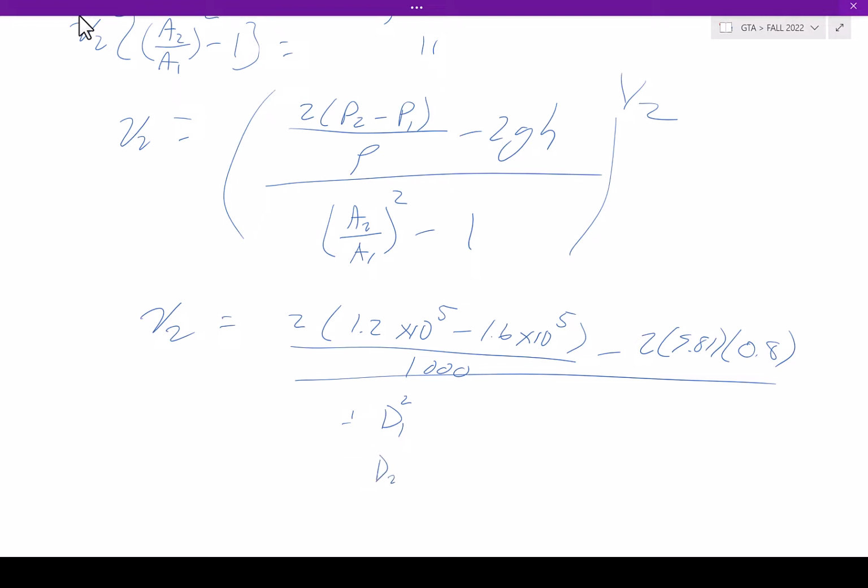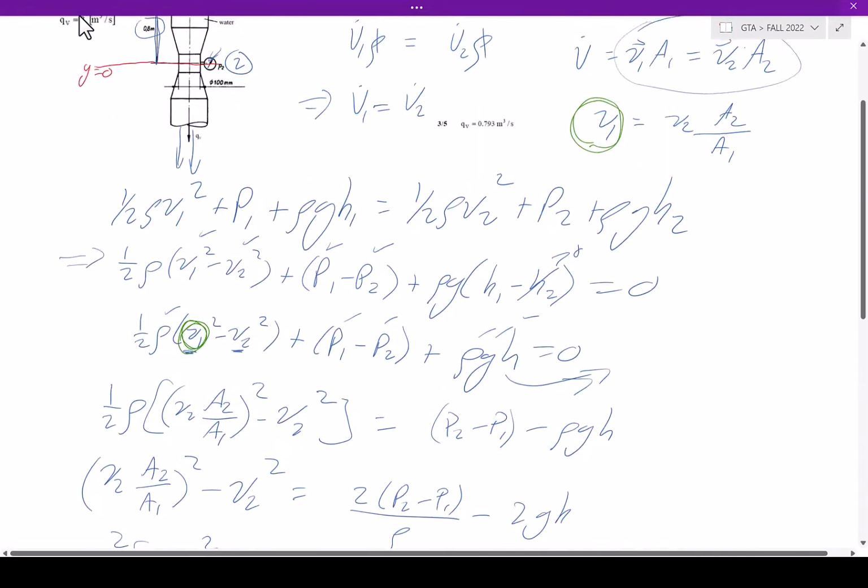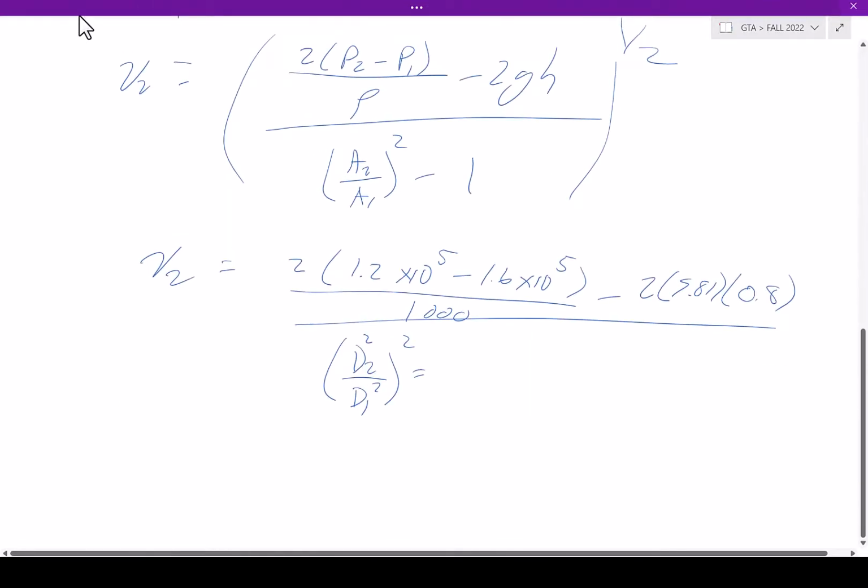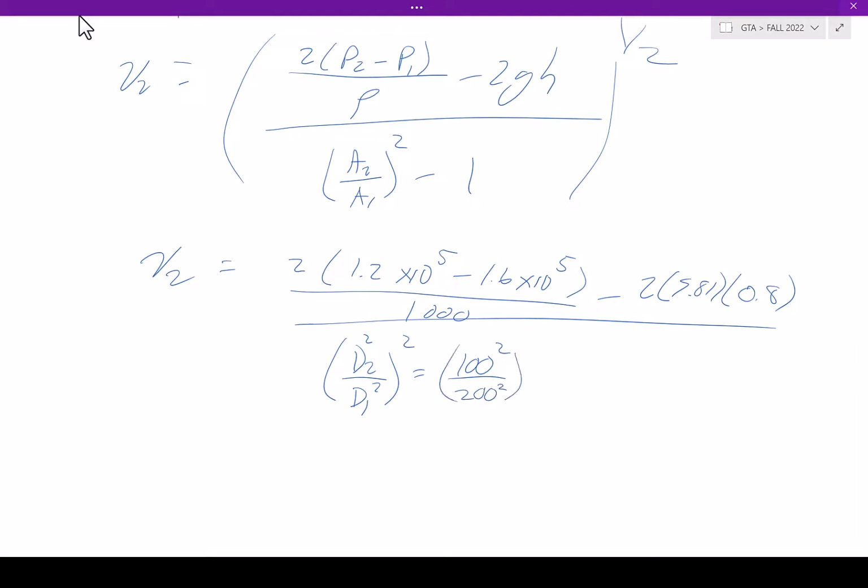So it's just going to be diameter 2 squared over diameter 1 squared, which becomes 100 squared over 200 squared. All of that is squared.